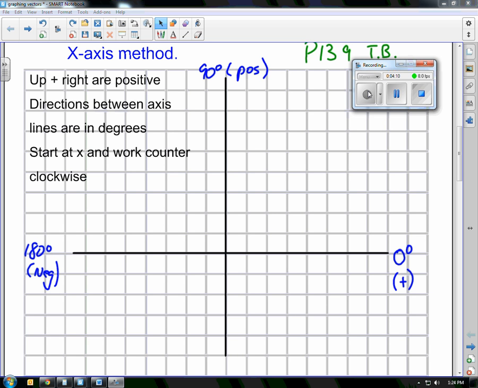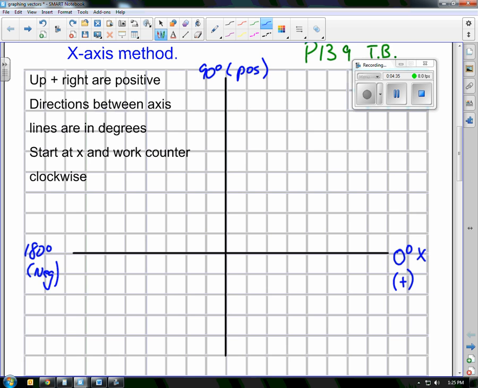So the x-axis method graphs things like this. You have your grid here, and you can see that your x-axis, this horizontal line here, is the beginning of your graph. That's where you're going to start graphing from. So the x-axis is equal to 0 degrees.